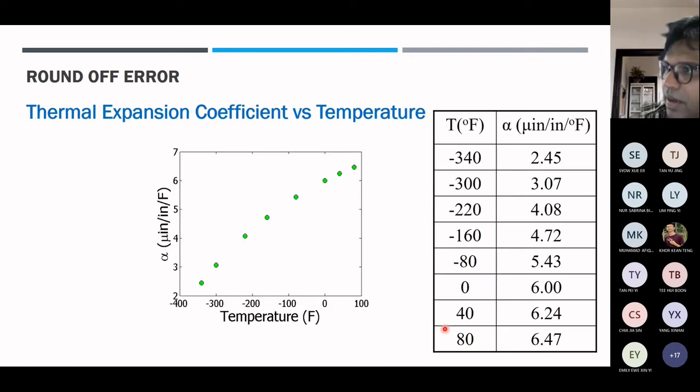Now, as you can see, for each observed point, this is the value based on the observed point. Corresponding values, for example, say minus 220. If you use that equation, you get an alpha value of 4.08.